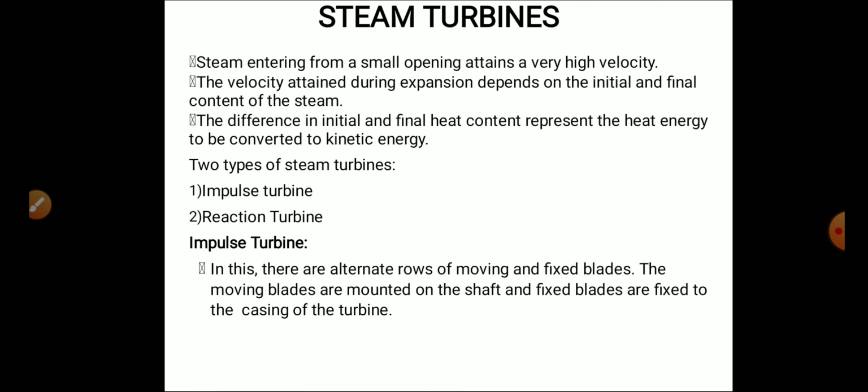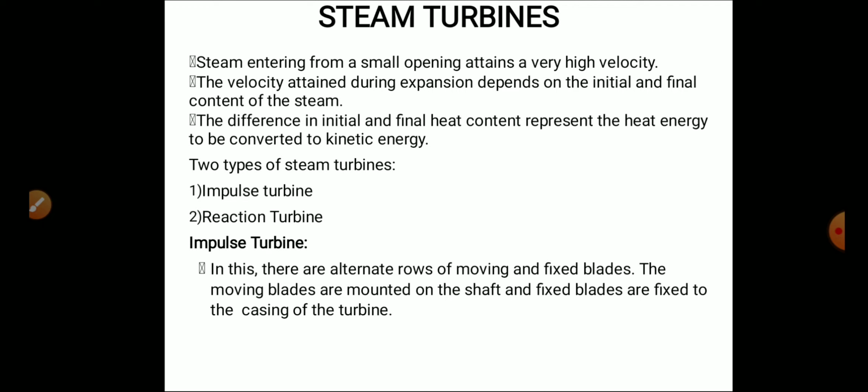Let us come to steam turbines, which are very important to this topic. Steam entering from a small opening attains a very high velocity. The velocity attained during expansion depends on the initial and final heat content of the steam. The difference in initial and final heat content represents the heat energy to be converted to kinetic energy.